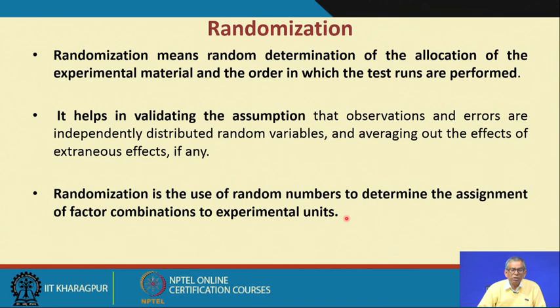We believe that if the principle of randomization is followed, it helps in validating these assumptions. Randomization is the use of random numbers to determine the assignment of factor combinations to experimental units. So the selection of the factor combinations in a particular experimental unit is based on the randomization principle.